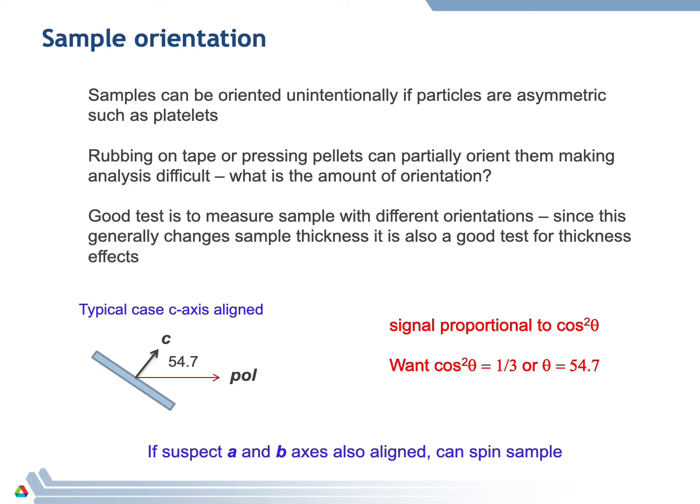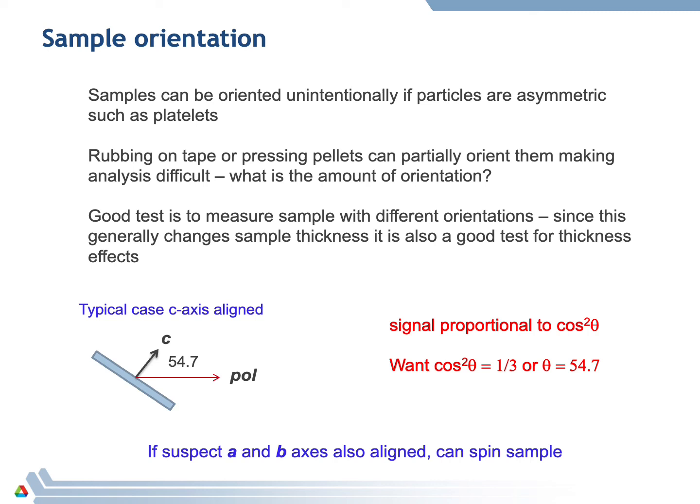The plates may tend to align with themselves. And that can make analysis of the data difficult because you don't know exactly what the orientation is. So if you suspect something like that might be happening, a good test is to measure the sample at different orientations. Just rotate the sample in the beam and make sure that the signal is the same.